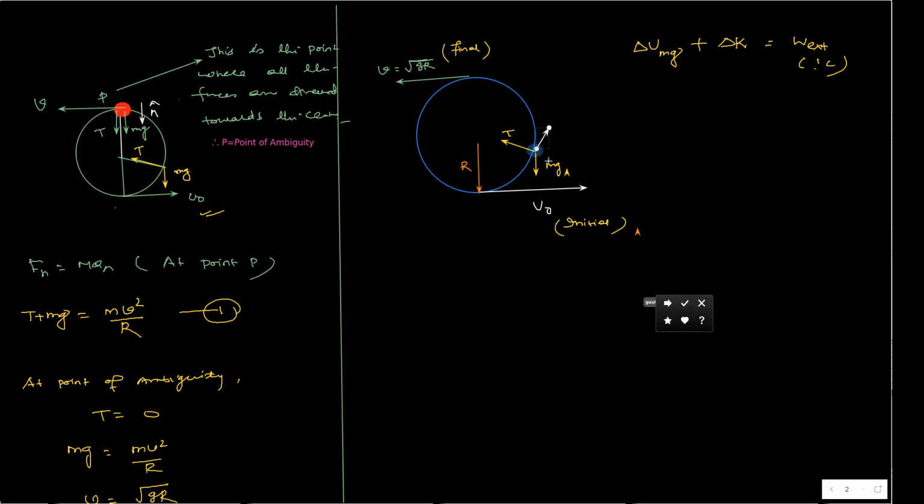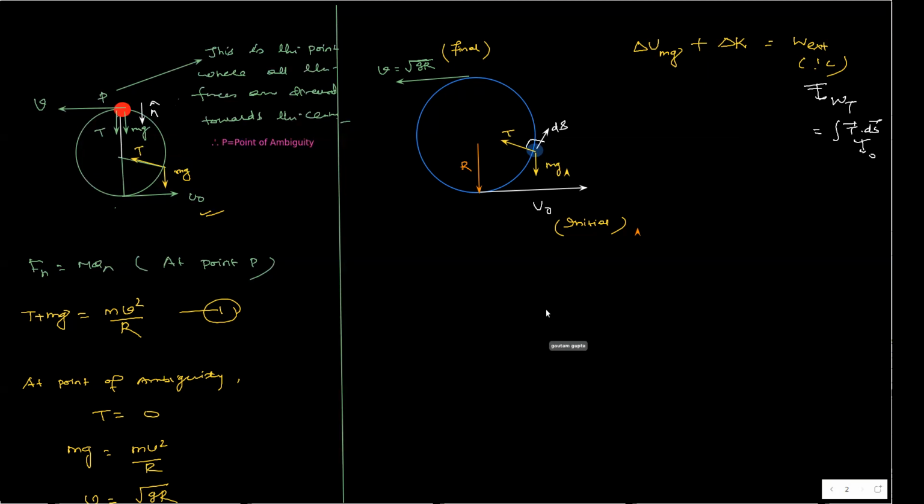So any small displacement ds will be in this direction. T is here, so the angle between T and ds is 90 degrees. So the only thing that will come here is work done by tension, but work done by tension is 0 because at every point T dot ds is 0. So the integral of T dot ds will also be 0.